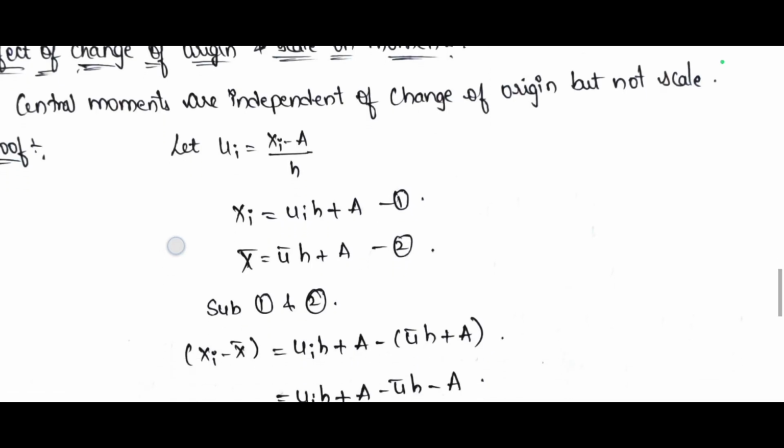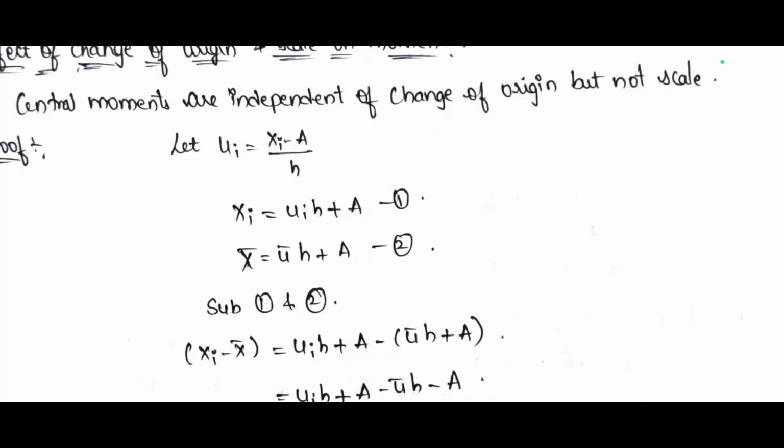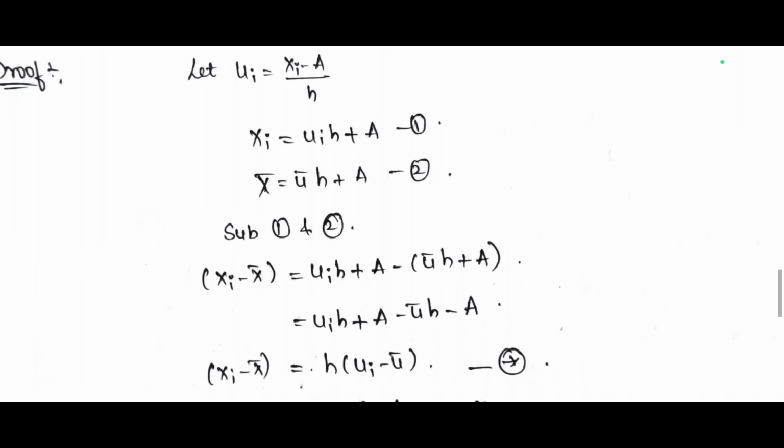So we let xi equals ui into h plus a, put as equation number 1. Next, what is x bar here? X bar is equal to u bar into h plus a, put as equation number 2. Now do the subtraction of these two, 1 minus 2.